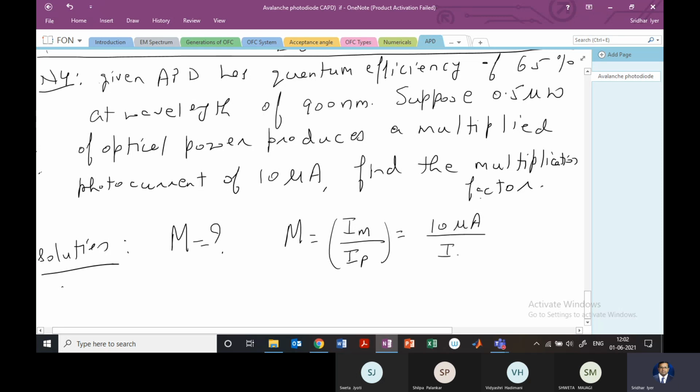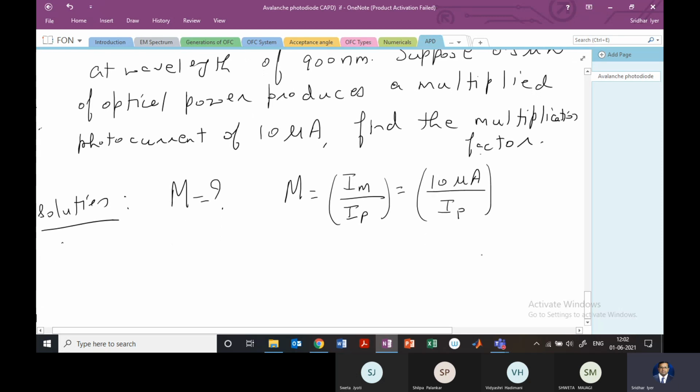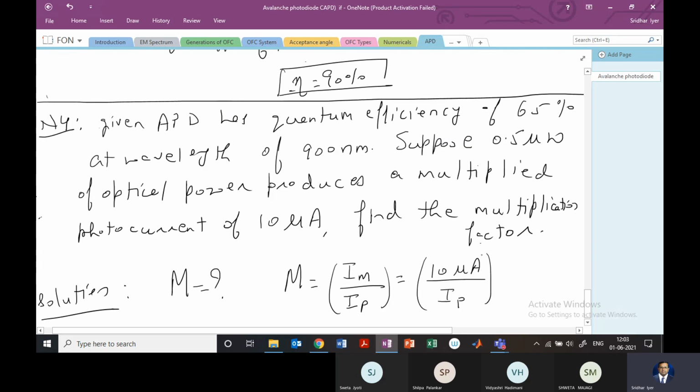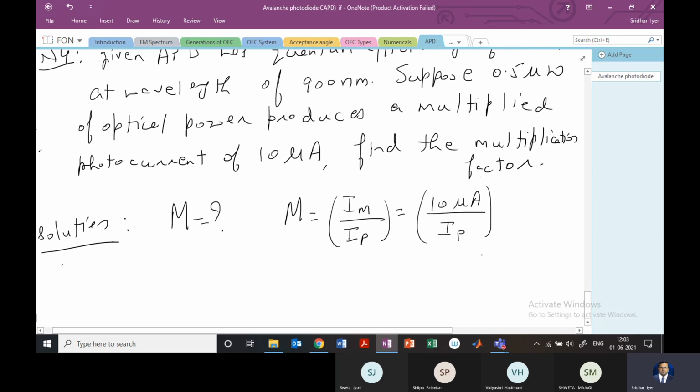All we need is to find IP, which is just like dealing with the pin photodiode. If I am able to find IP, I can put that in the denominator and get the value of M. So now, how to find IP?